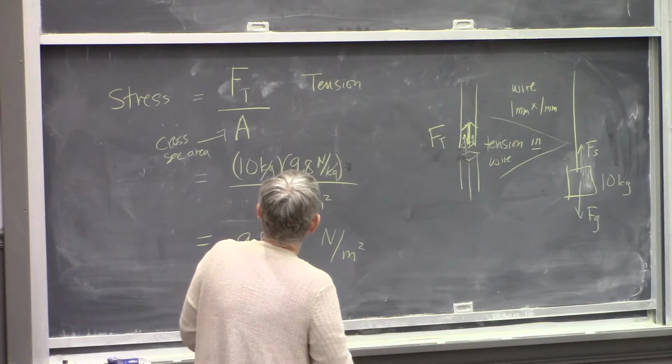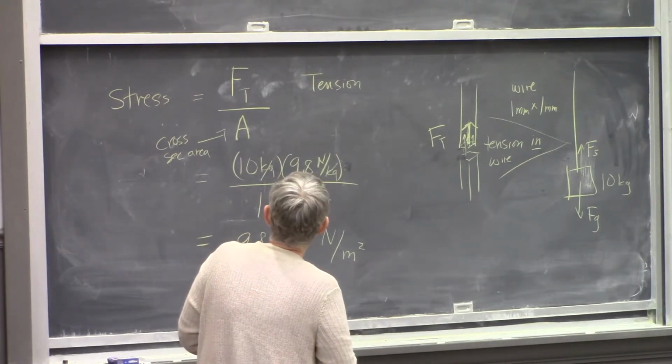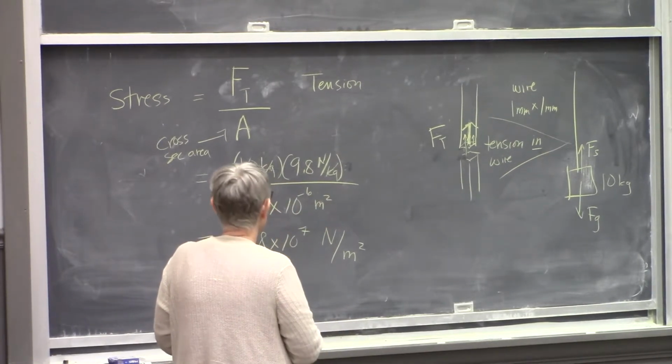And so to get Young's modulus, we're just going to divide stress by strain.